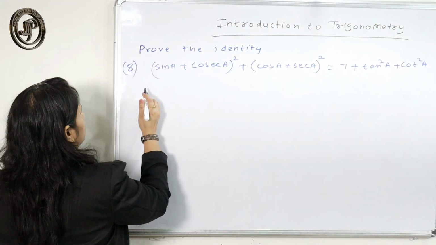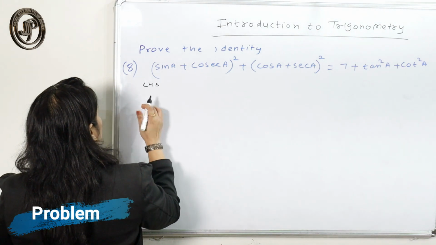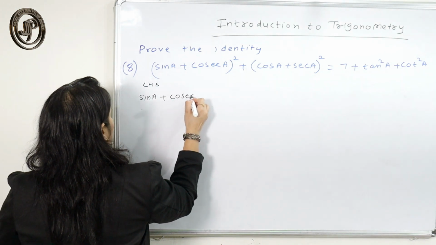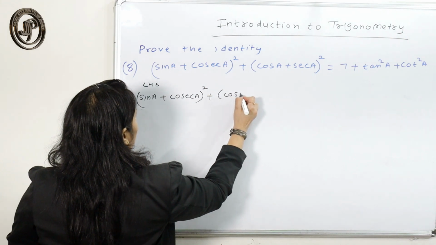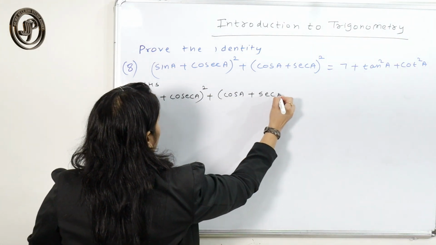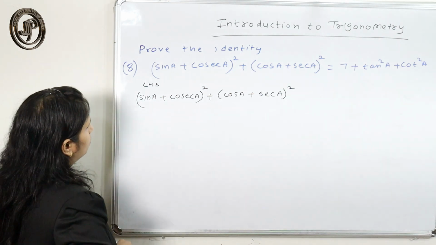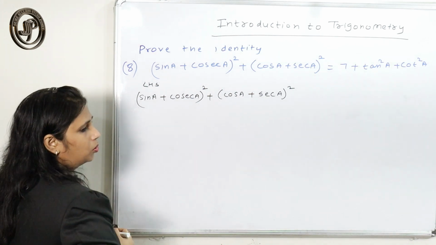So this question is also very important. We are just taking LHS first. So this is (sin A plus cosec A) whole square plus (cos A plus sec A) whole square. Now what you need to do is open the bracket using the identity (A plus B) whole square.